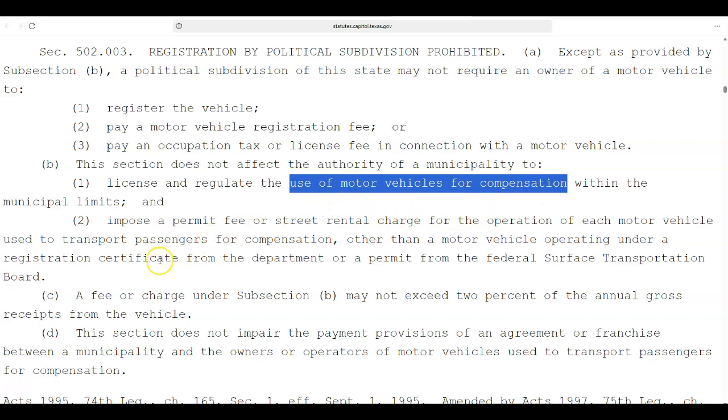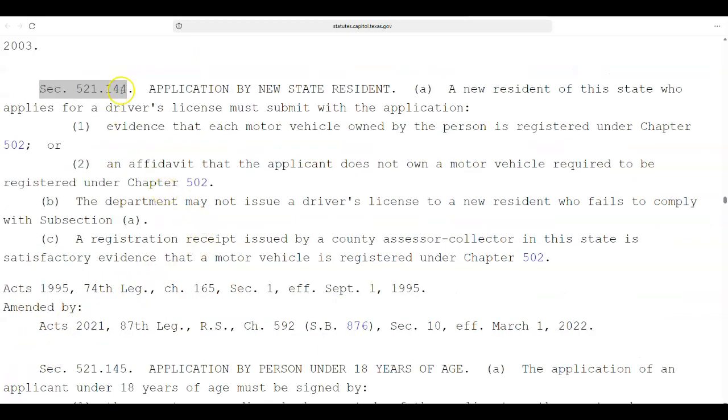And to back that up, we're going to go here. See, when you first apply for your driver's license, they actually promulgated the rules within the Driver's License Act. Okay? And it reads, application by new state resident. A new resident of this state who applies for a driver's license must submit with the application 1.